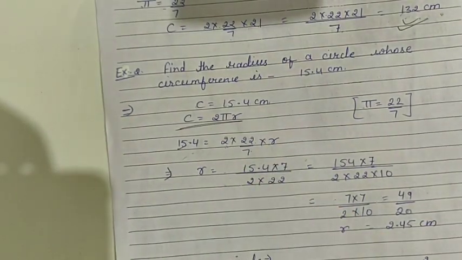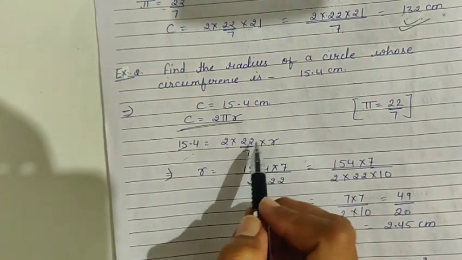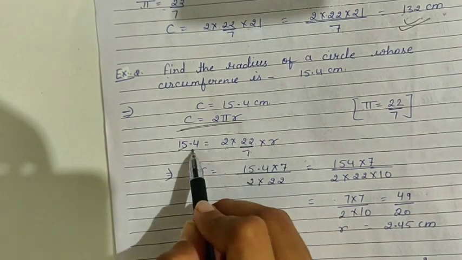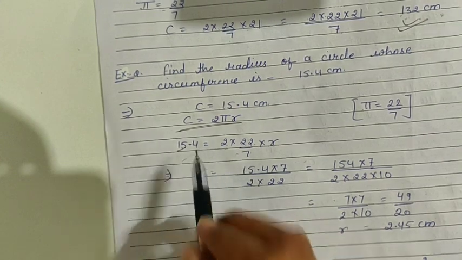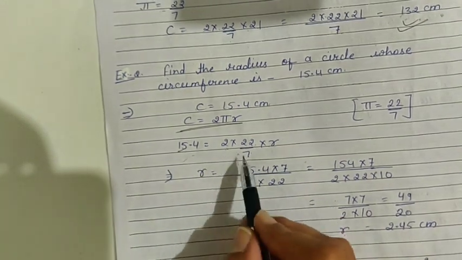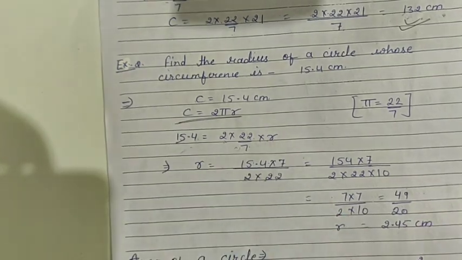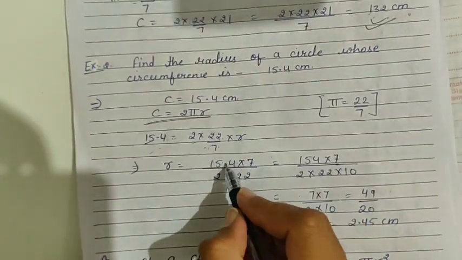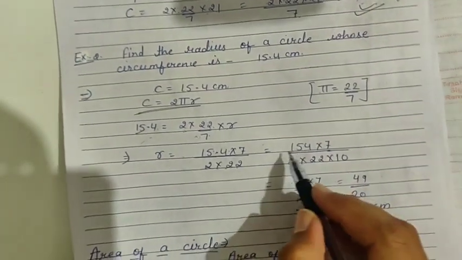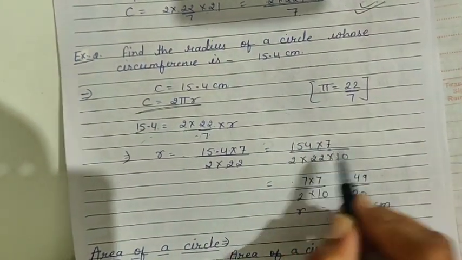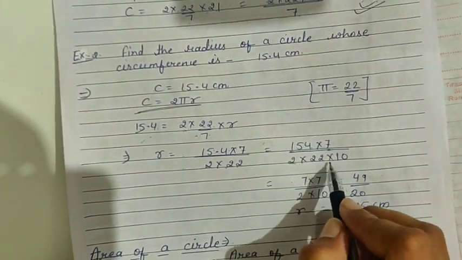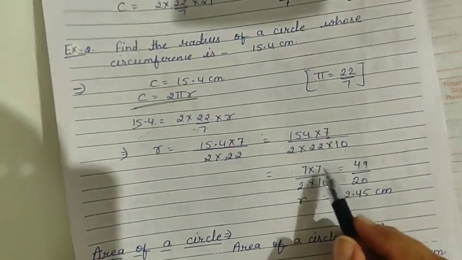Now we have to find the value of r. Then we will transpose all these values. So r is equal to 15.4 into 7 upon 2 into 22. Firstly we will remove this decimal, then we get 154 into 7 upon 2 into 22 into 10.